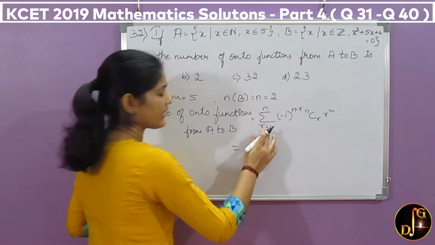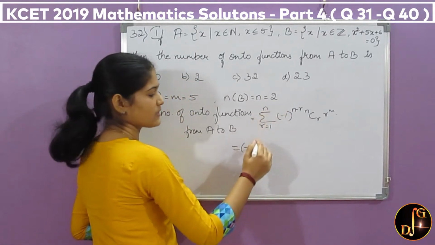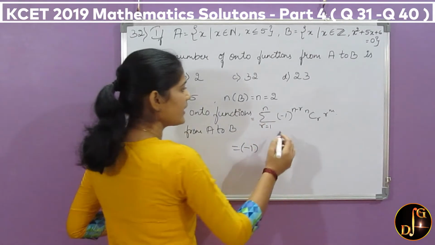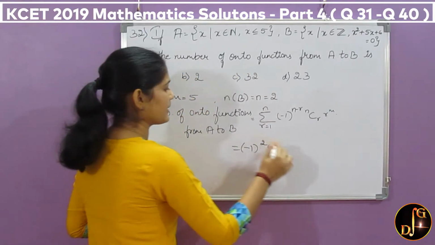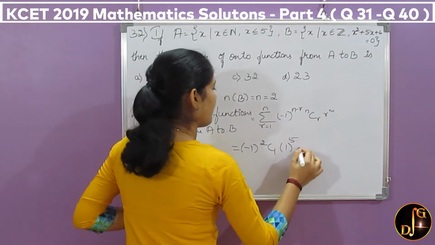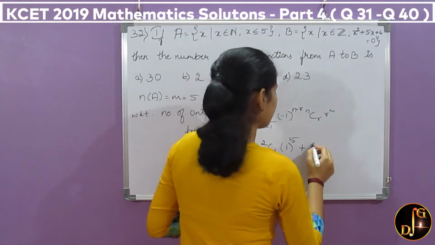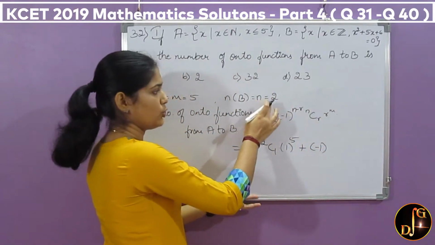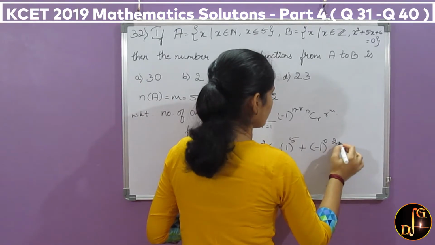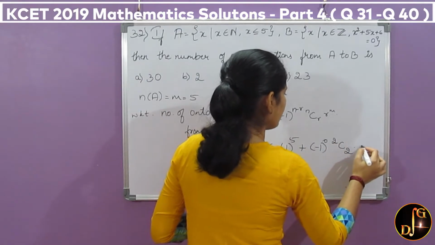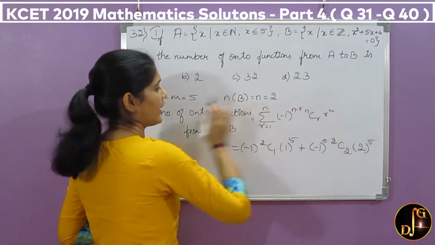That means we will get when r is equal to 1, it will be minus 1 power n means 2, 2 minus 1 means minus 1, right? nCr, that means 2C1 into r means 1 power 5, plus we have n is equal to 2, so the next term will come, that means minus 1 power 2 minus 2, so that is 0, into 2C2 into 2 power 5, that means r here is 2 and m is 5.